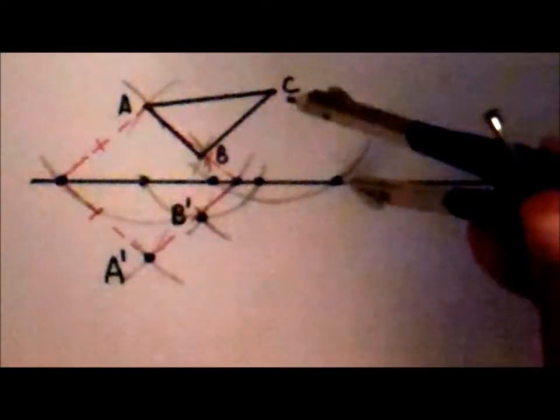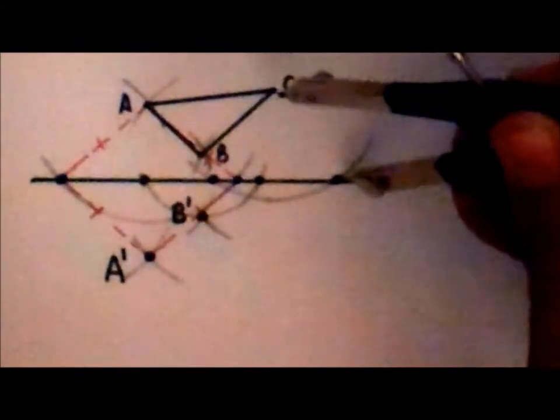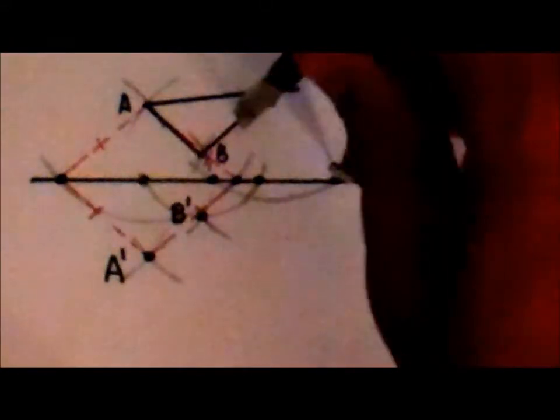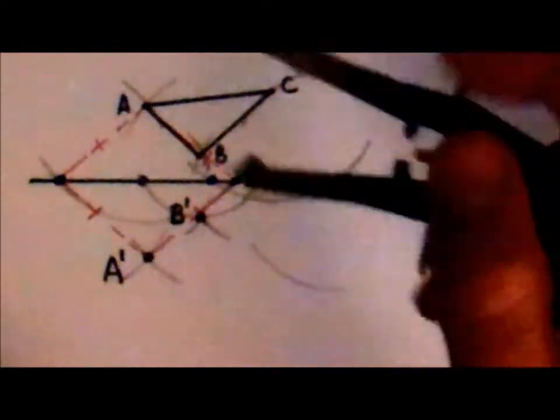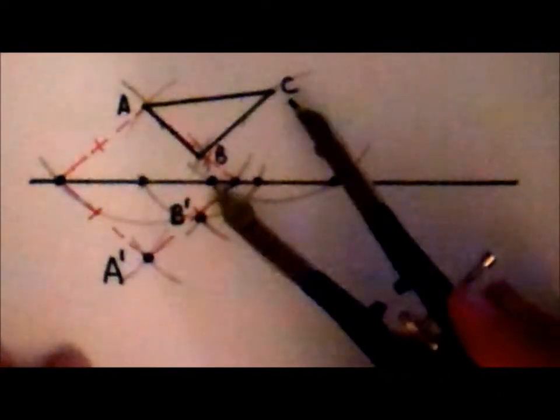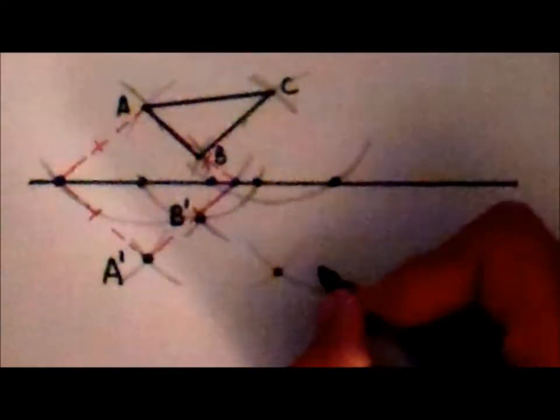Take the same radius, start at the right point. It should go right through point C. Draw the arc below. Go ahead and do the left point. It should go right through point C. Draw the arc below. Where the two arcs below intersect, we now have our reflected point C prime.